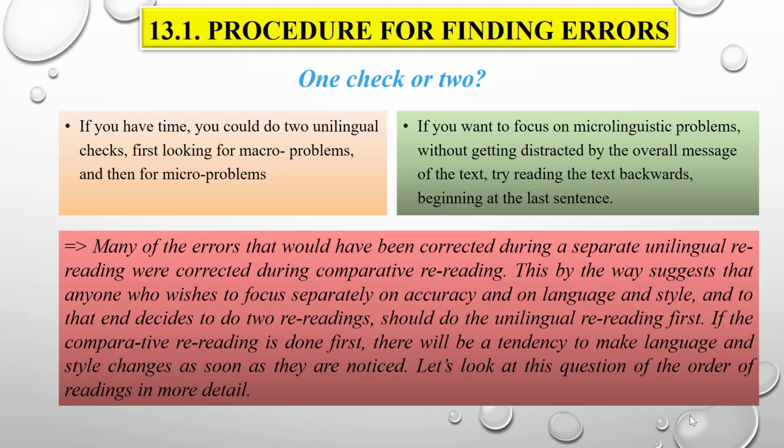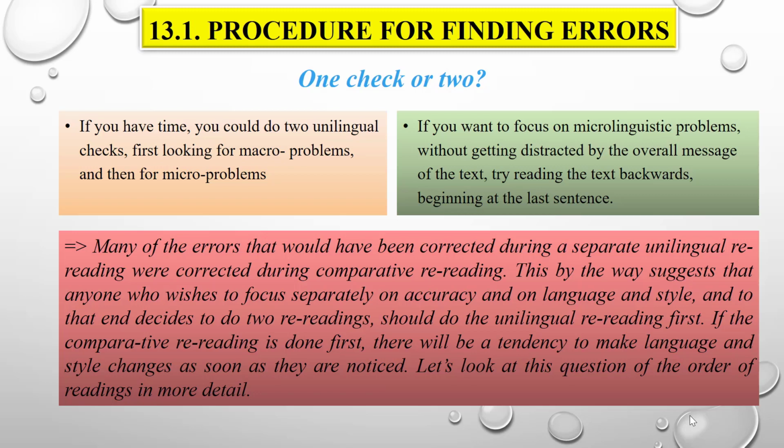The micro and macro dilemma mainly affects the unilingual trick, where you are reading the translation without comparing the translation to the source. Comparative rereading, by its nature, tends to have a micro-level focus.